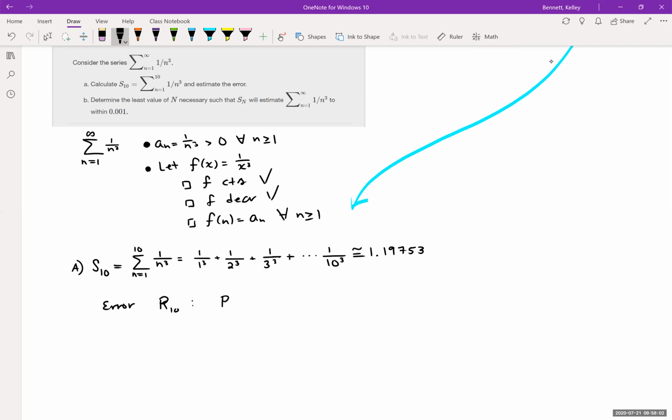So I know that R sub 10 is strictly less than the integral from 10 to infinity of 1 over x cubed dx. So all we have to do is just compute this integral here.